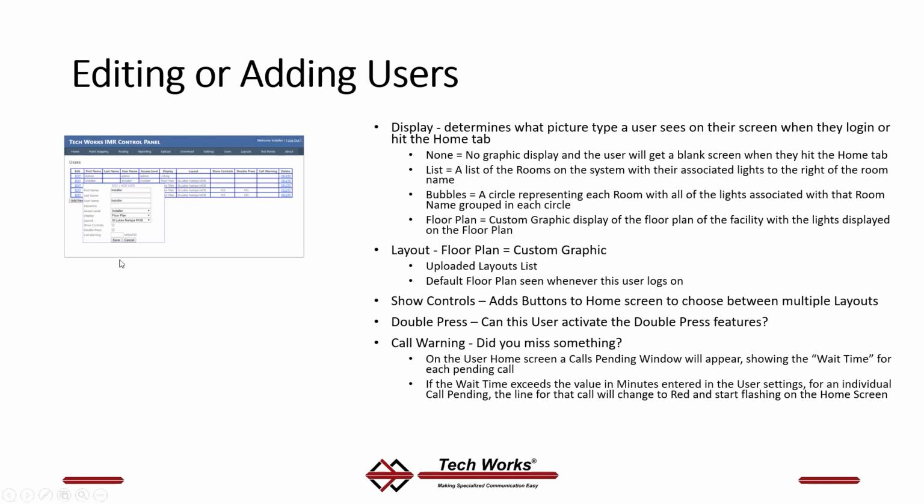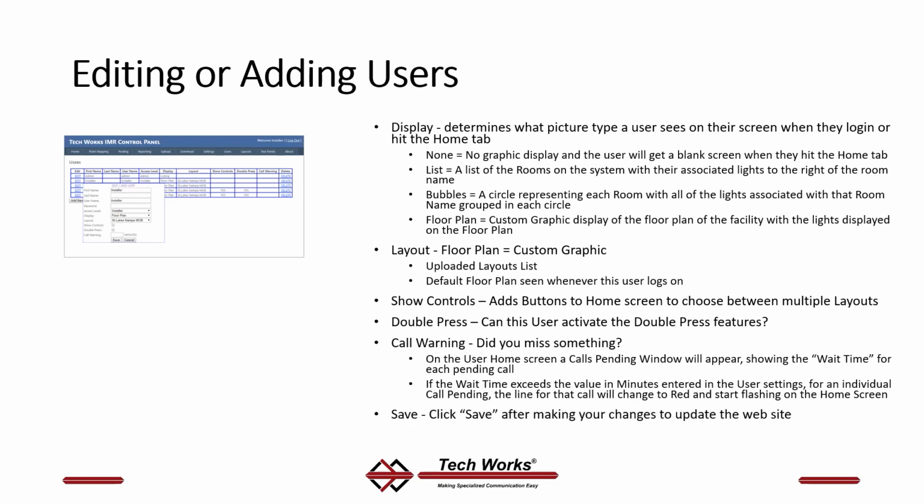And when it exceeds this time that you put in here in minutes, let's say you want to see every patient within 5 minutes, if you're lagging, those patients will be in a little list on your display, and the ones that have expired will be in red.